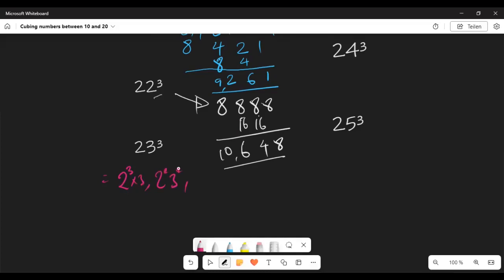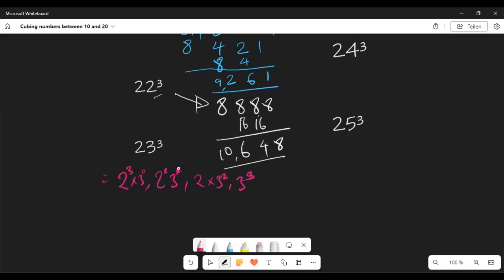And then we're going to have 2 multiplied by 3 multiplied by 1. So that is 3 multiplied by 1, 3 squared, and then 3 cubed on itself.